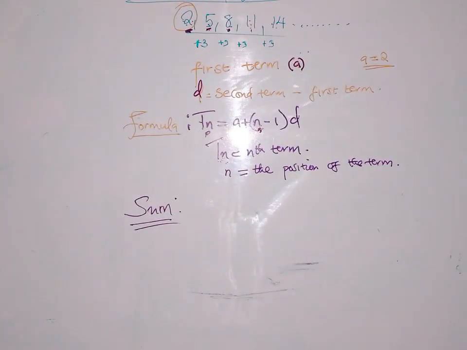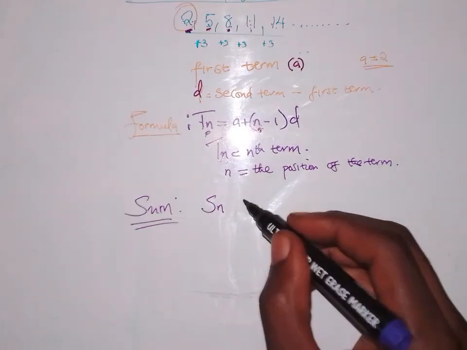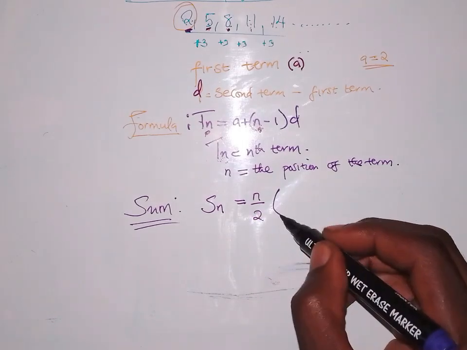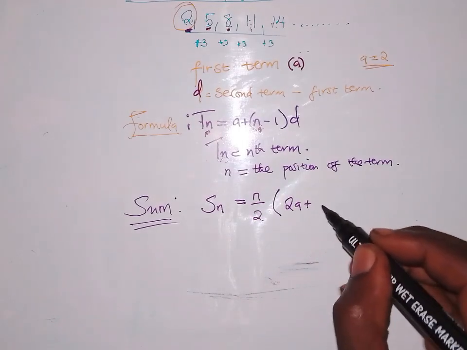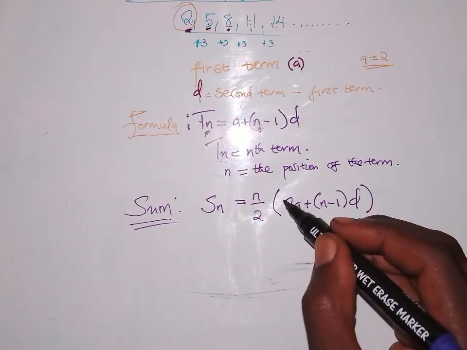That's why we have a formula which helps us to calculate the sum. The formula goes like this: the sum of the nth term is equal to n divided by 2, then 2a plus n minus 1, then d.